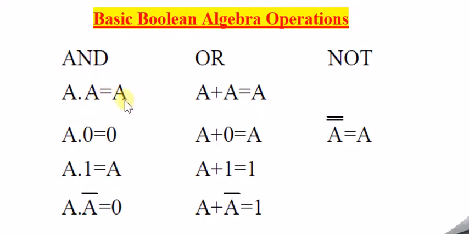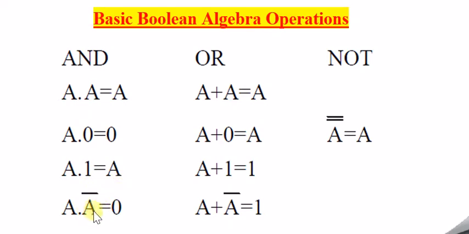This is an exception, so A dot A is nothing but A. A variable multiplied by 0 will give you 0. A multiplied by 1, anything multiplied by 1, will give itself, so A is the answer.